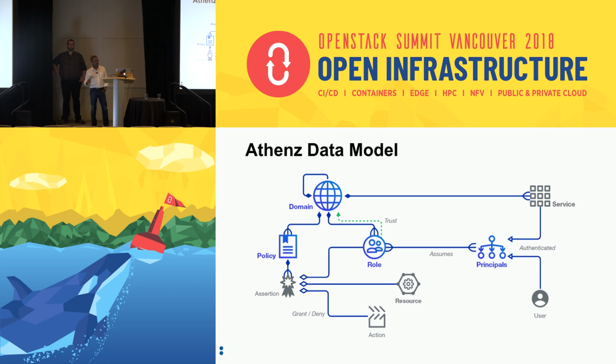Every single domain has its own set of administrators who manage those roles and policies. The domain contains three major components: policies, roles, and principals. Let's start with the policies. To implement access control, we have policies in our domain that govern the use of our resources. A policy is a set of assertions.